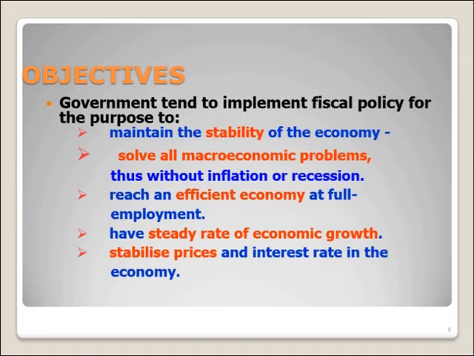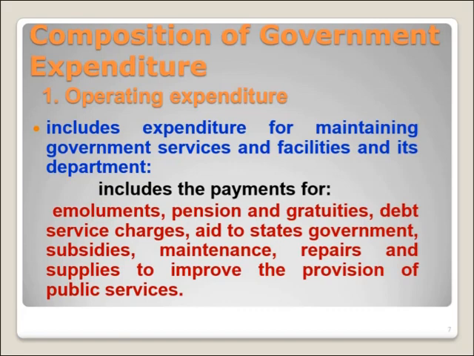So we want to achieve this level, which is the full employment level. Another objective of the government is to have a steady rate of economic growth and stabilize prices and interest rate in the economy.